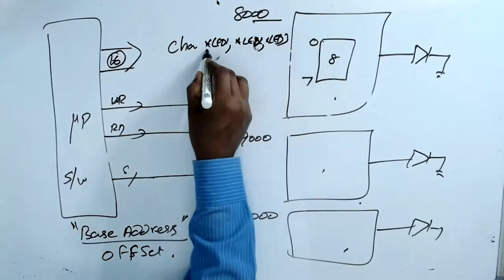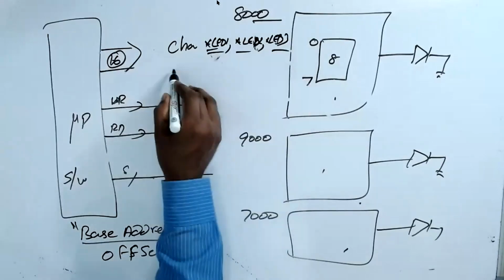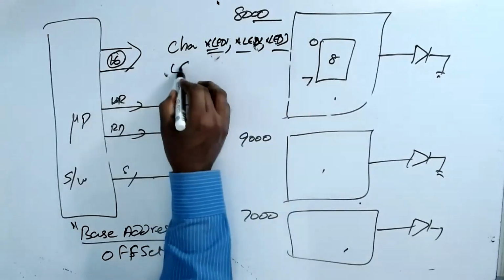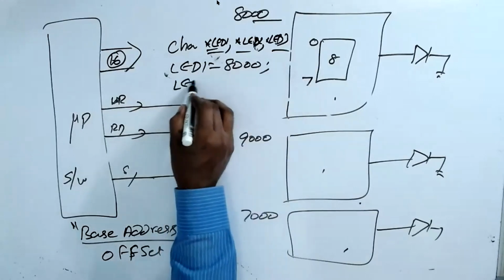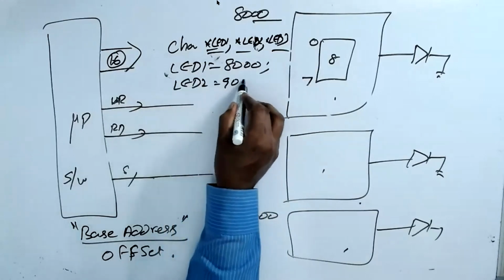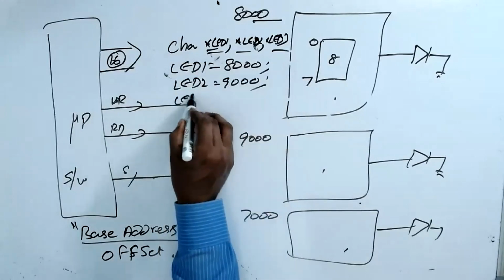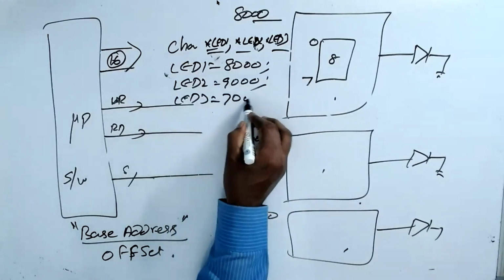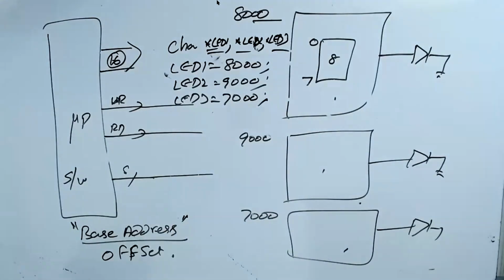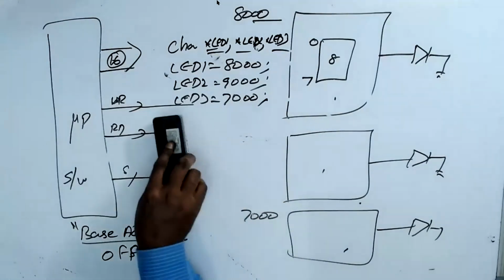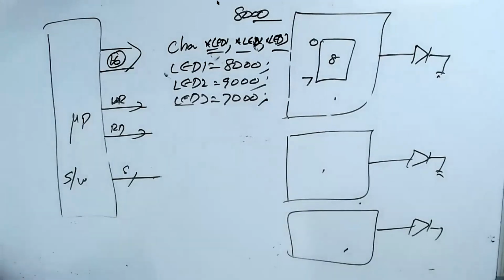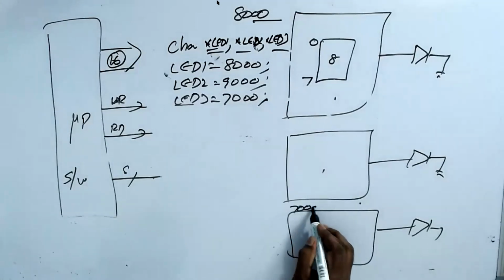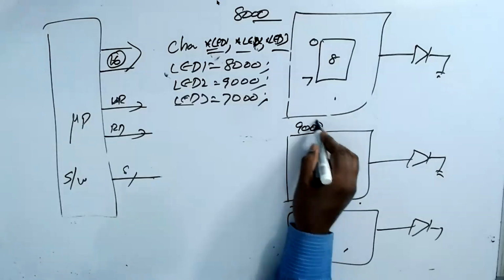I have LED 1, LED 2, LED 3. I put LED 1 equal to 8,000, LED 2 equal to 9,000, LED 3 equal to 7,000. But now it's a trick. One controller is at 7,000, another at 9,000, and this one at 8,000.